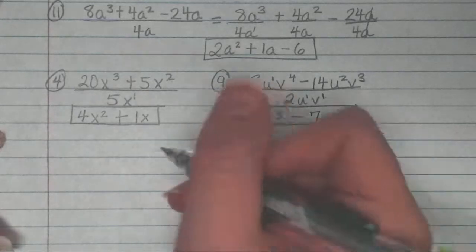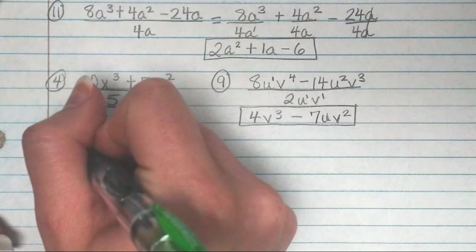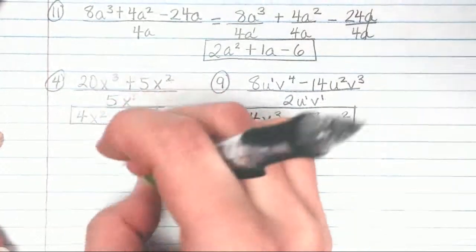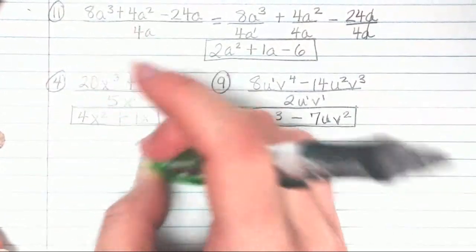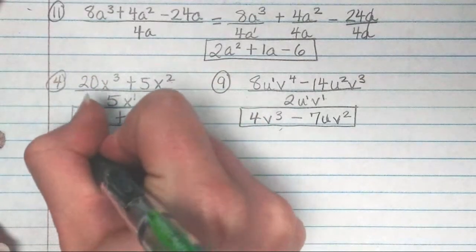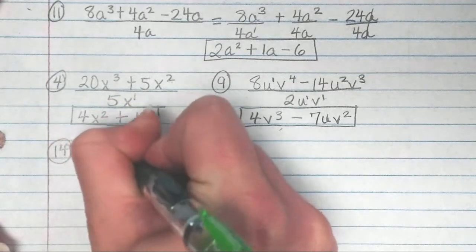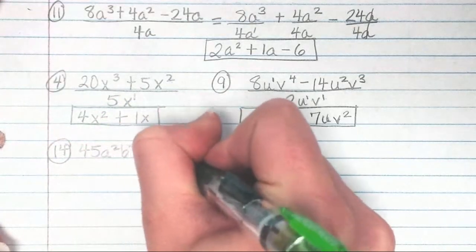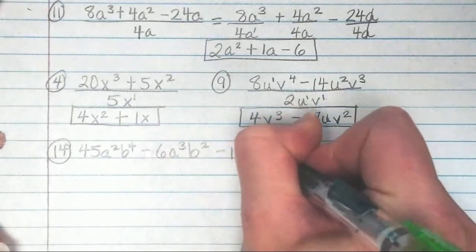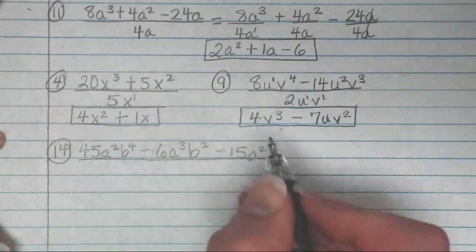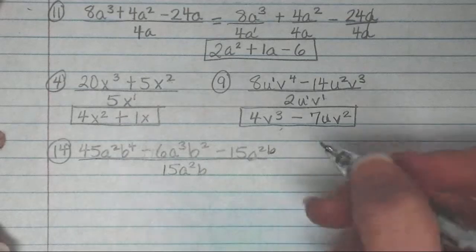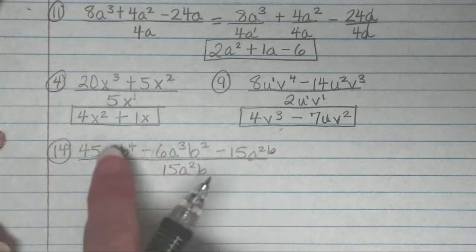And then one more. Let's do number 14. I'm going to show that middle step on this one because it's got a lot of variables and exponents. So we have 45a squared b to the 4th minus 6a cubed b squared minus 15a squared b, all divided by 15a squared b. So I'm going to put this denominator under each term.